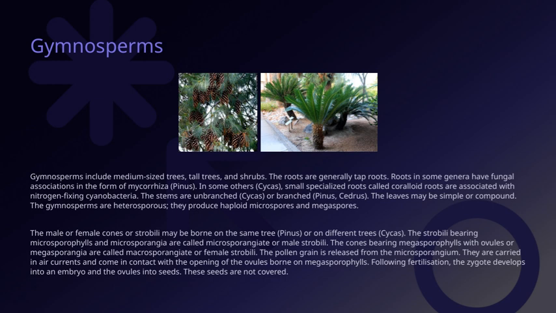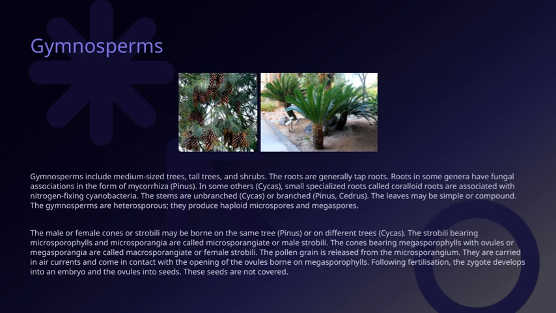plants. Moving on to the overall diversity, gymnosperms include a range of plant forms, from medium-sized trees to tall, majestic trees as well as shrubs. Their roots are generally taproots, which help anchor them and absorb nutrients effectively. In some genera, like Pinus, the roots form associations with fungi called mycorrhiza, which aid in nutrient exchange.